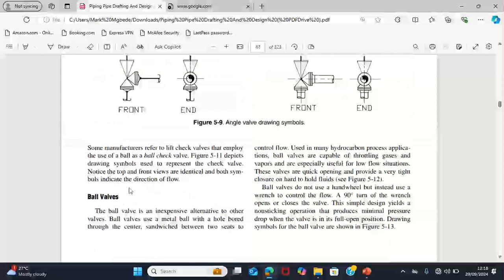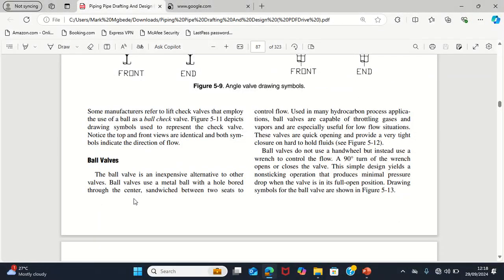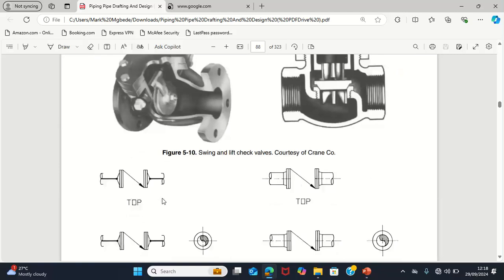The ball valve is an inexpensive alternative to the other valves. It has a ball in it that you close and open. It is just like the gate valve, but more widely used, even in gas lines and water lines, and so many others. It is a multi-purpose valve.